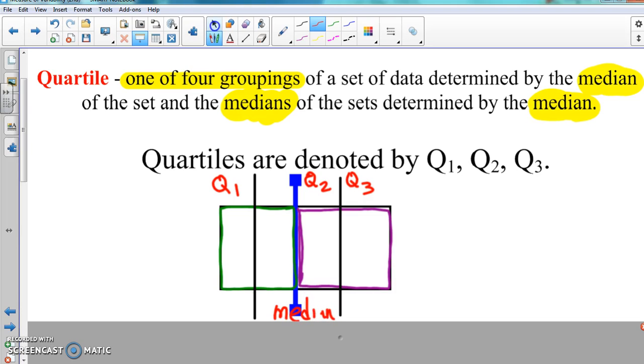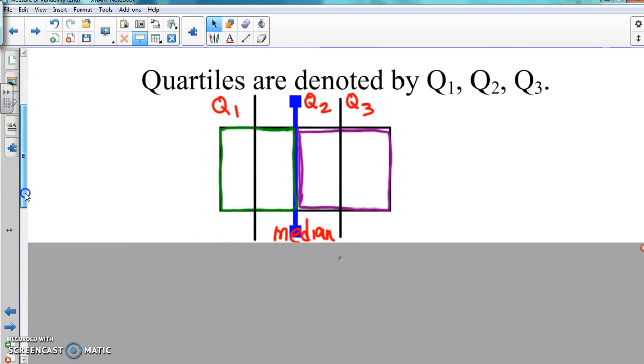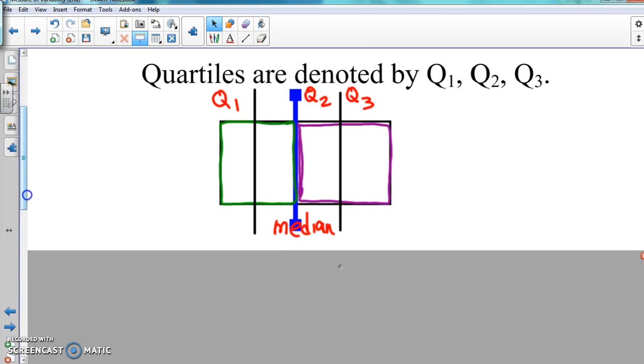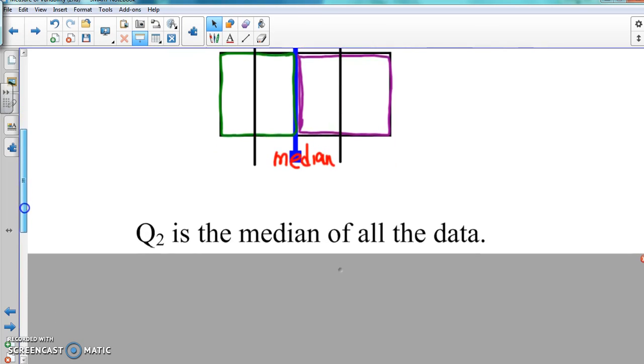That's the median of the whole set of data, right there at Q2. Q1 is the median of the first set of information in green. Q3 is the median of the second set in purple. And again, the calculator's going to give that to you, so you don't have to worry about actually figuring out what those numbers are. It's going to be given to you because you're going to put the numbers in correctly and find the correct stuff.